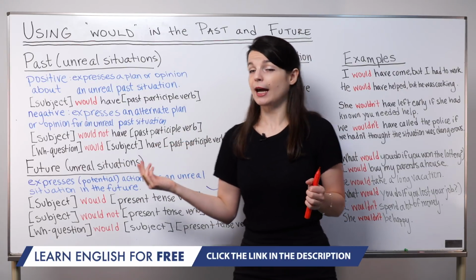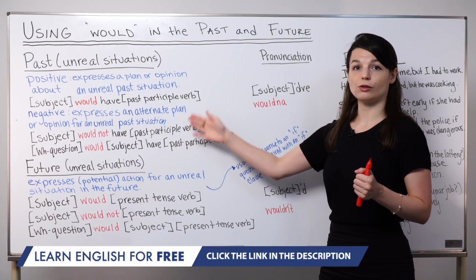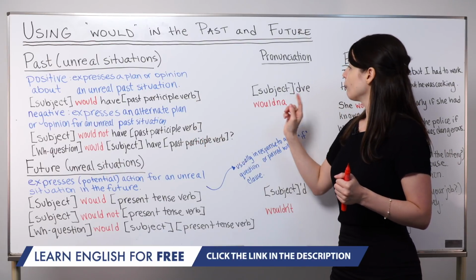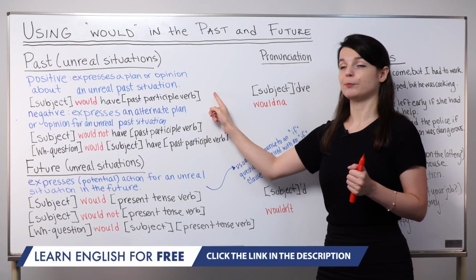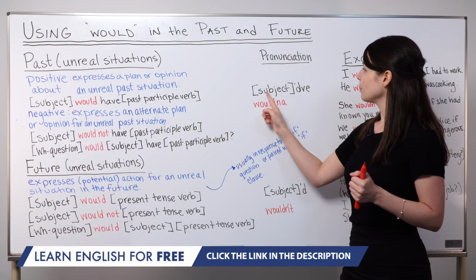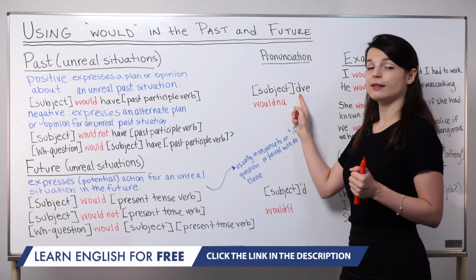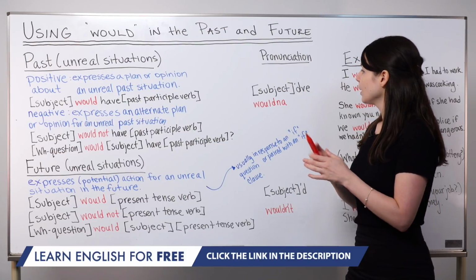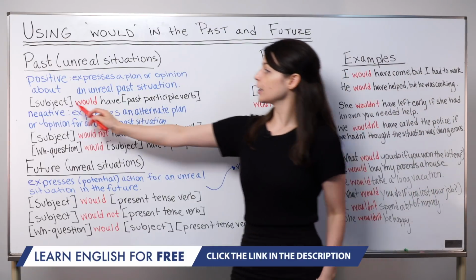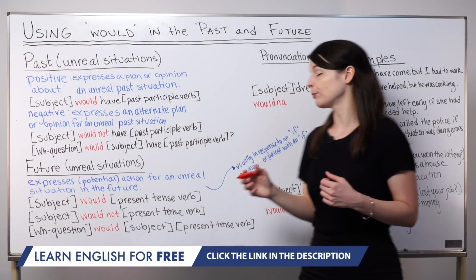Now I want to look at a couple of pronunciation points that deal with these two sentence patterns. First, when you're using this positive pattern, the pronunciation becomes something like this: subject plus this d sound and v sound. So what does this mean? Here, the subject remains the same, I or he or she or we, for example.